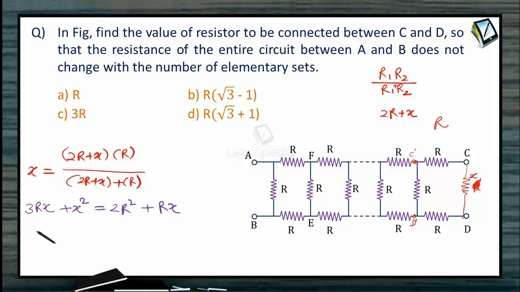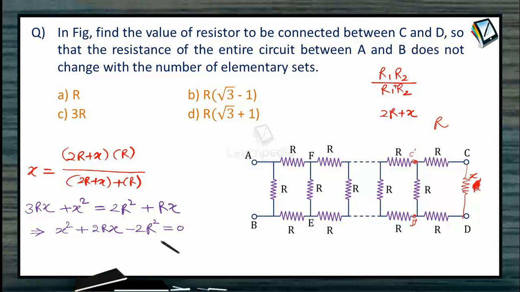So let us arrange this as a standard quadratic equation. This quadratic equation is X square plus 2RX, as you can see 3RX minus RX, and 2R square will go to that side and become minus 2R square, so it becomes equal to 0.